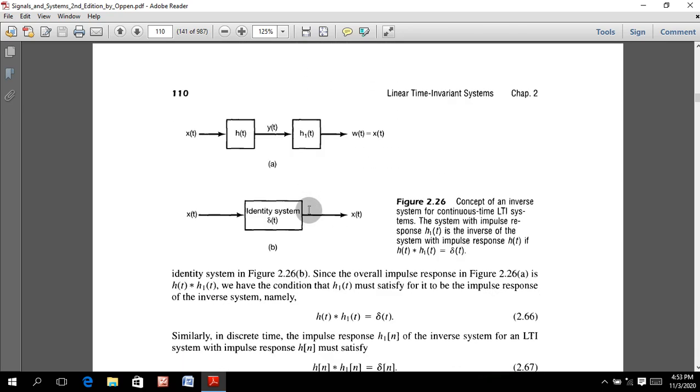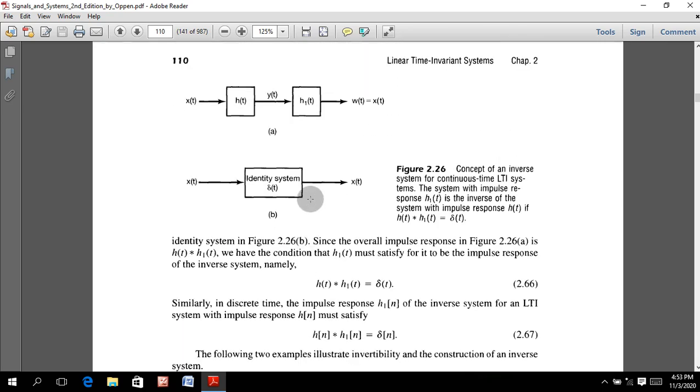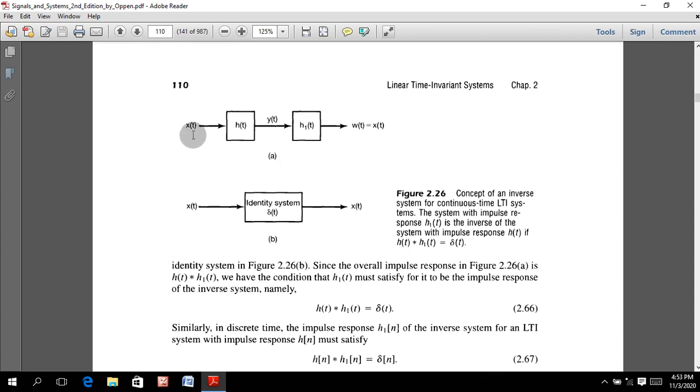And the invertibility of an LTI system is basically this. Suppose we have an input signal which is fed to this system. The output of this system is fed to another system, and we get this output.